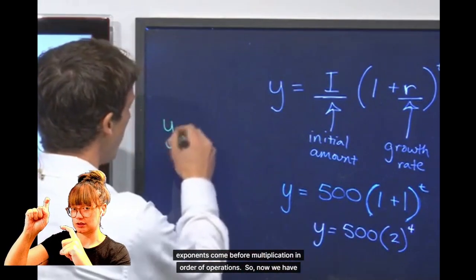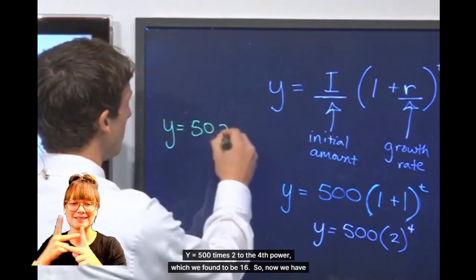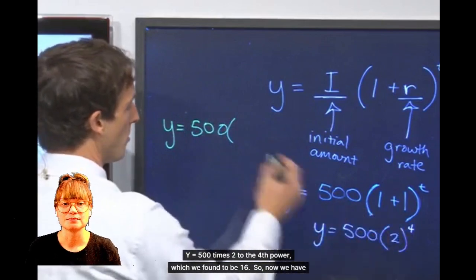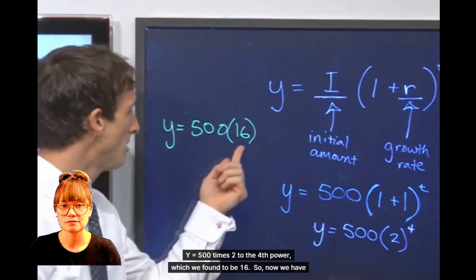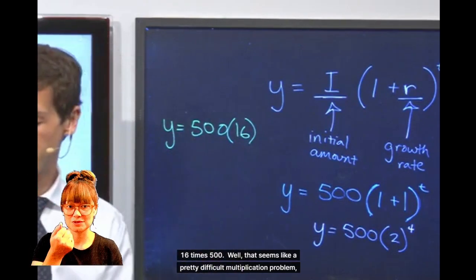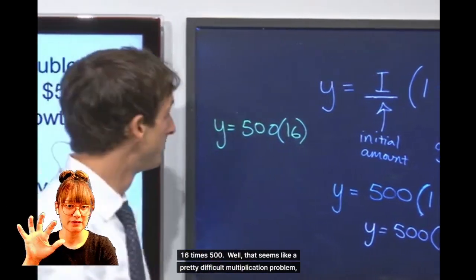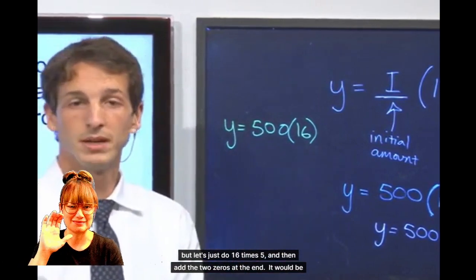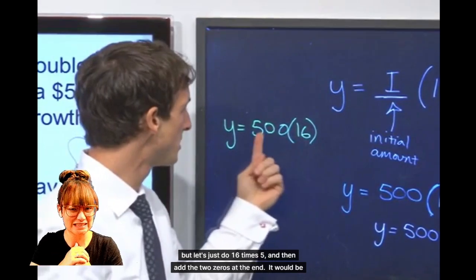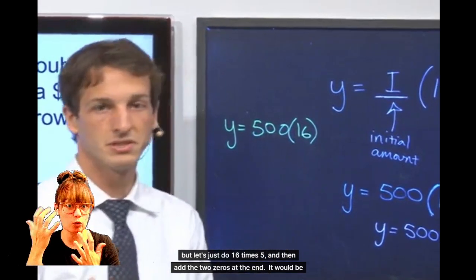So now we have y equals 500 times 2 to the fourth power, which we found to be 16. So now we have 16 times 500. Well, that seems like a pretty difficult multiplication problem, but let's just do 16 times 5 and then add the 2 zeros at the end.